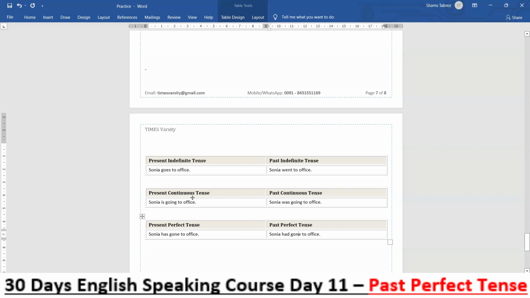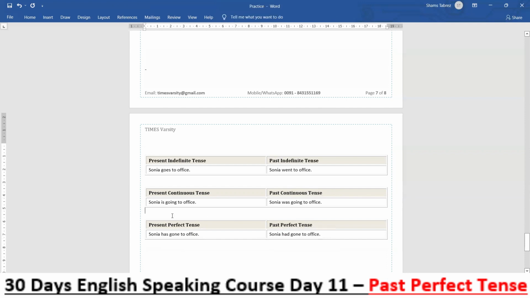Right? So you can see that in continuous, whether it is present continuous or past continuous, the ing form of the verb is used, and in perfect tense, whether it is present perfect or past perfect, the third form of the verb is used. So there is change only in the helping verb.